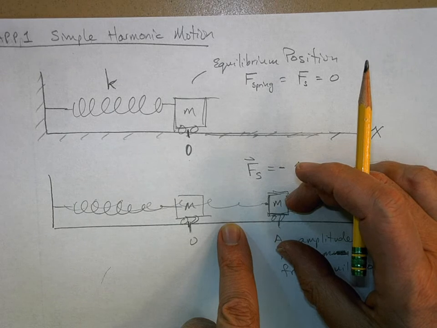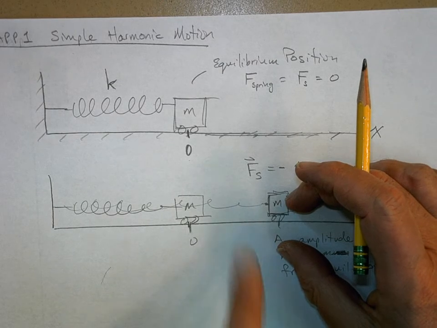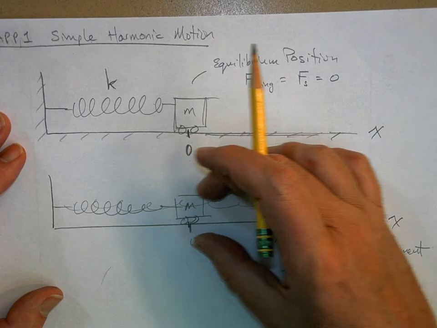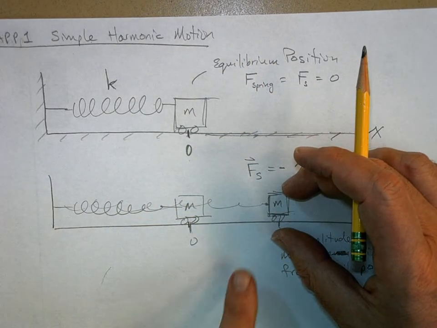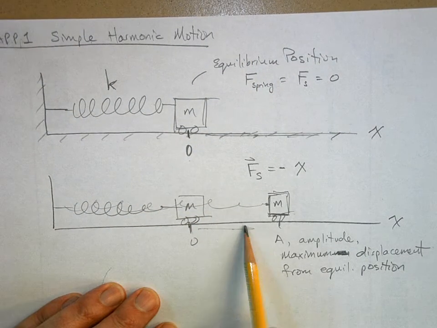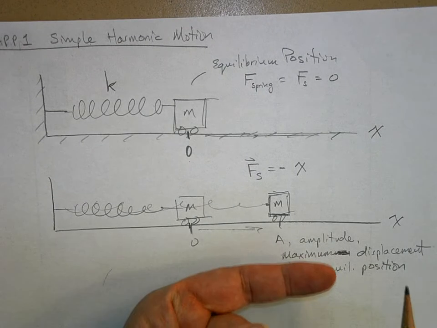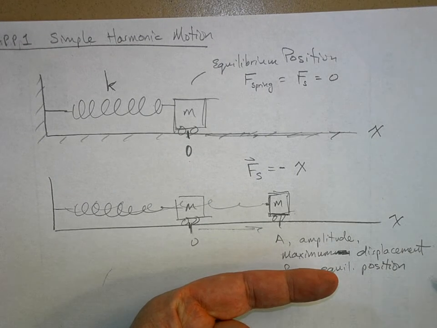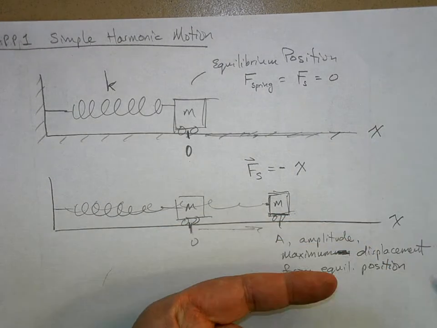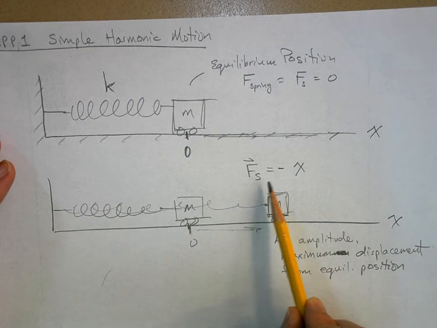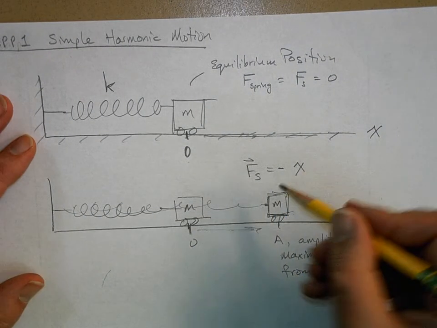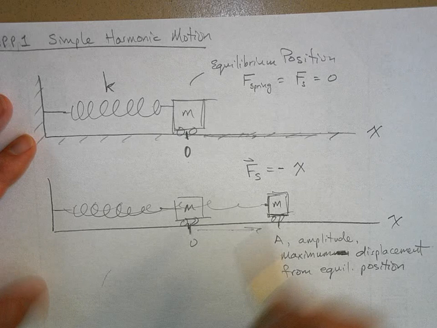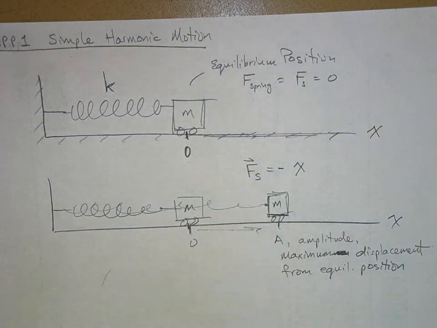Okay, this is a key idea. If I pull this out this way, my delta X is positive, but the force is negative. So the force the spring applies is going to be in the negative direction. And the amount of force depends on the spring constant.